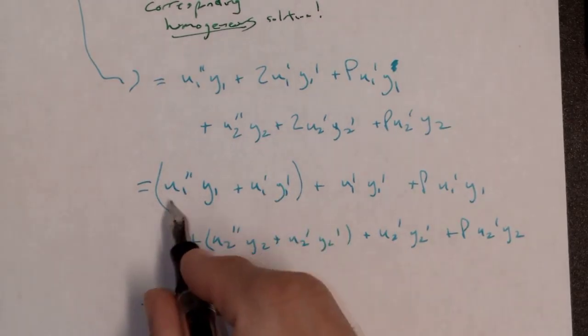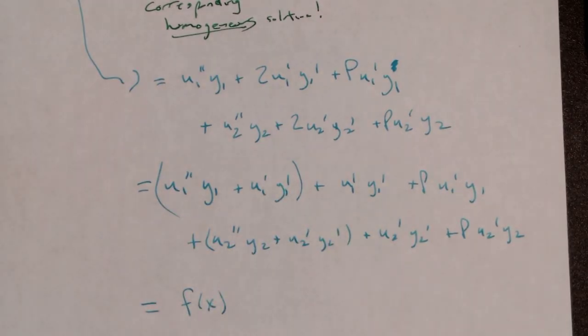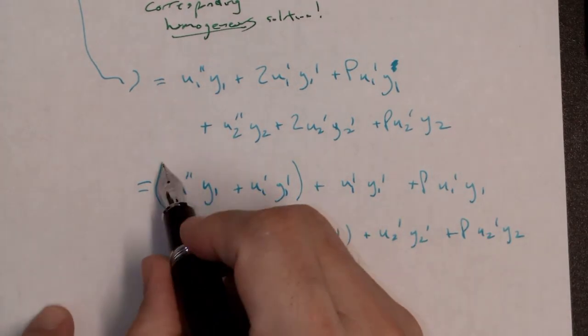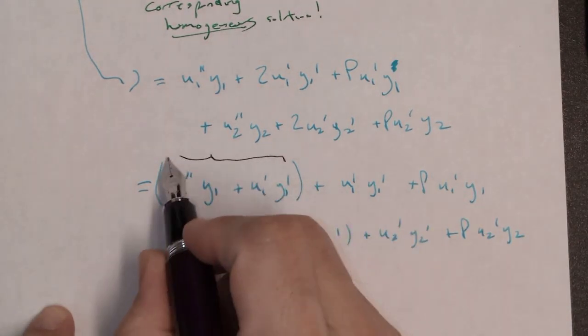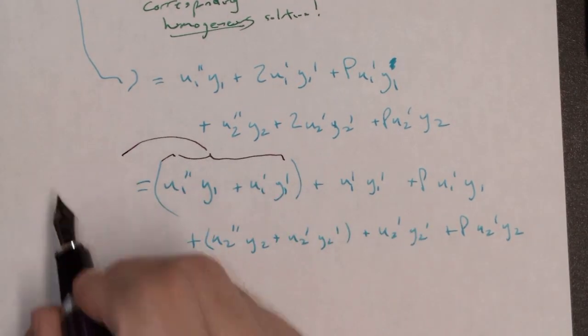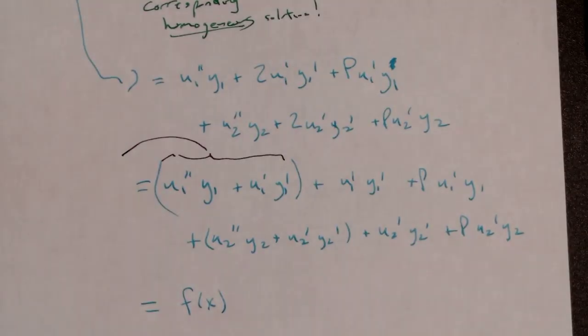The thing inside the parentheses right here, I said that looked like a product rule. What is it the derivative of? That's the derivative of u1 prime times y1.